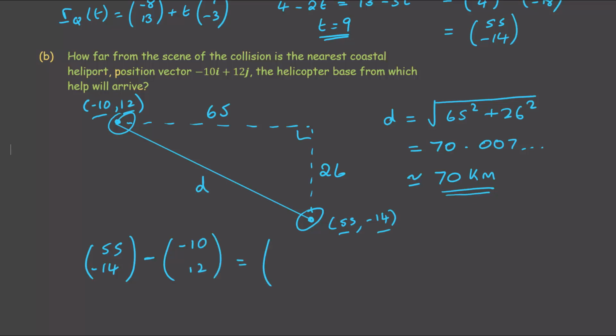And that would have given us 65, negative 26. And then we find the magnitude of that. We're going to discuss magnitude shortly. And it is just a distance. So it's the square root of 65 squared plus negative 26 squared. And that gives us the same result.